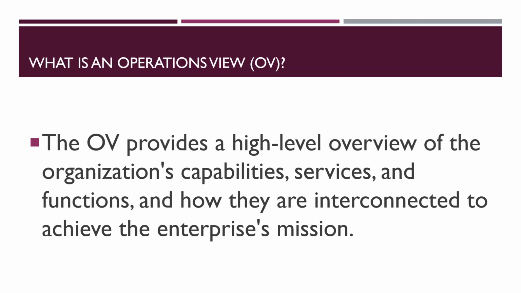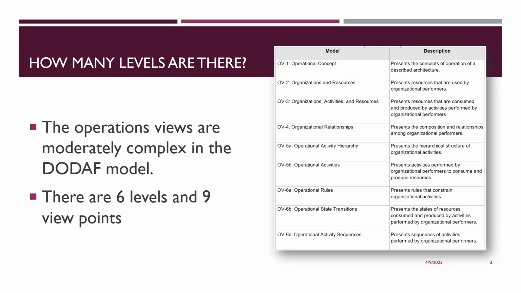And that's because you just can't depict everything that's going on. Service views and system views go into a lot more detail. They actually have more levels to them as well, a lot of different viewpoints. So that's why operation views are really good for executive audiences, good for business audiences, the kind of non-tech audiences. So don't lose sight of that when you're creating this from a themes perspective.